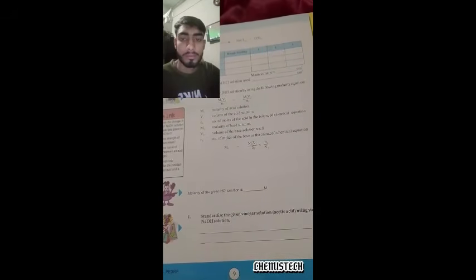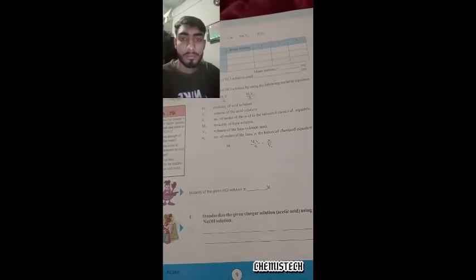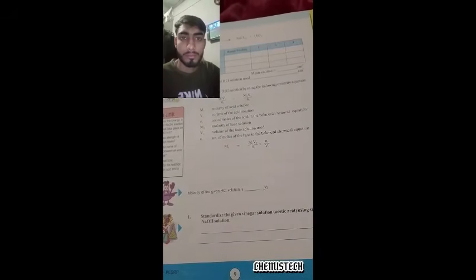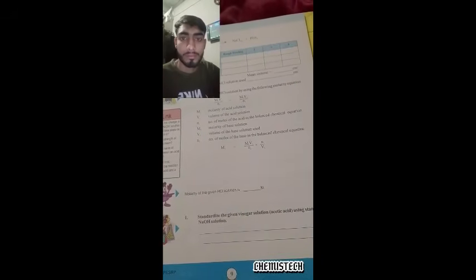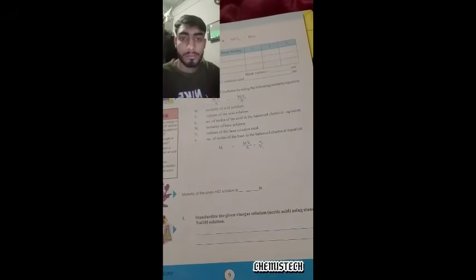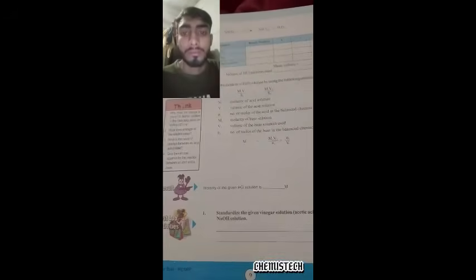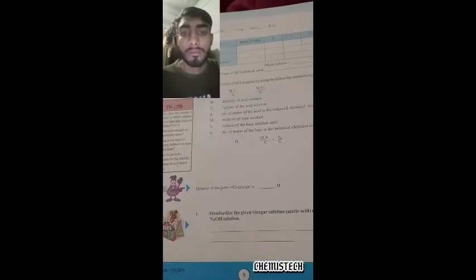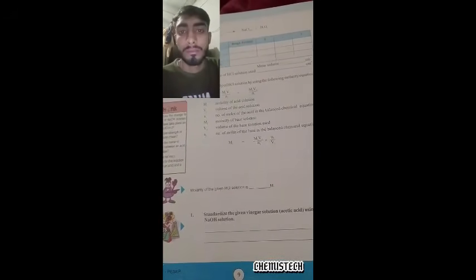M2 is the molarity of the base solution, V2 the volume of the base solution used, n2 the number of moles of the base in the balanced chemical equation. M1 = M2V2/n2 × n1/V1. The molarity of the given HCl solution is ___ M.